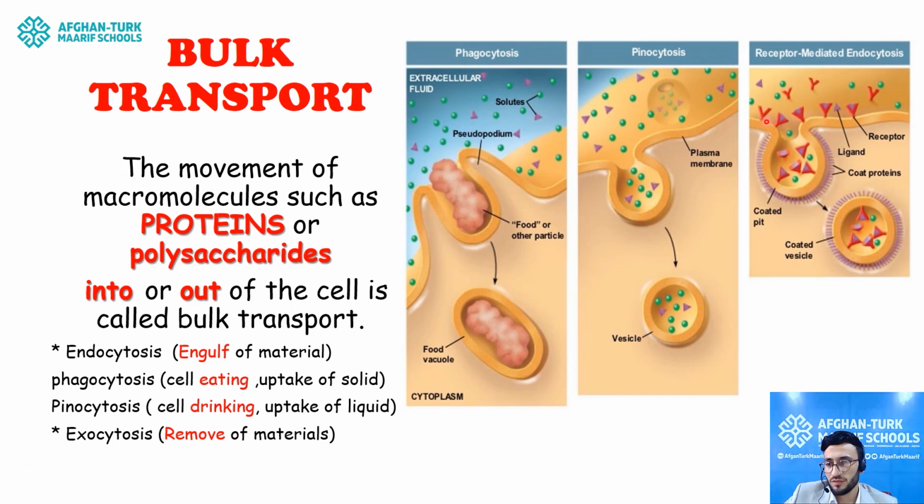These projections that you see are called receptors, and they are specific for specific molecules or materials. In other words, these are the receptors which act to recognize those important macromolecules for the cell's interior.